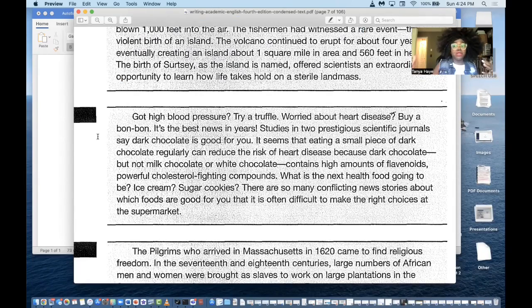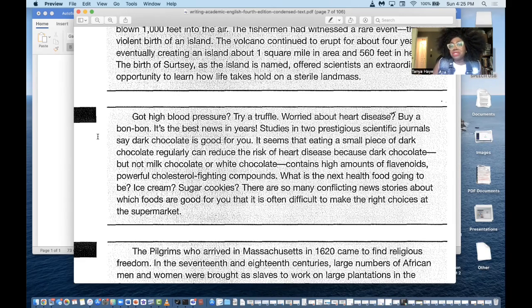Now, let's say you want to do an introduction with surprising facts, and that's something else you can choose to do. Let's look at an example of a surprising fact or surprising statistics. Let's look at that type of start. Got high blood pressure? Try a truffle. Worried about heart disease? Buy a bonbon. It's the best news in years.